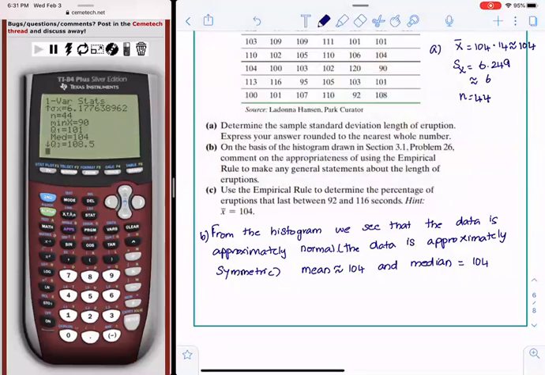So the mean is right over there, and 116 is right there, and 92 is right there. Our objective is to find the percent that lies between those two values.